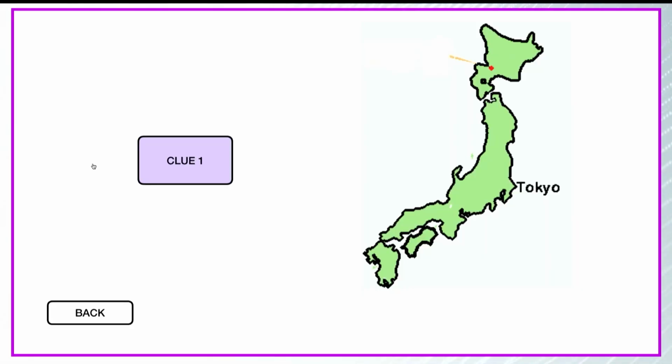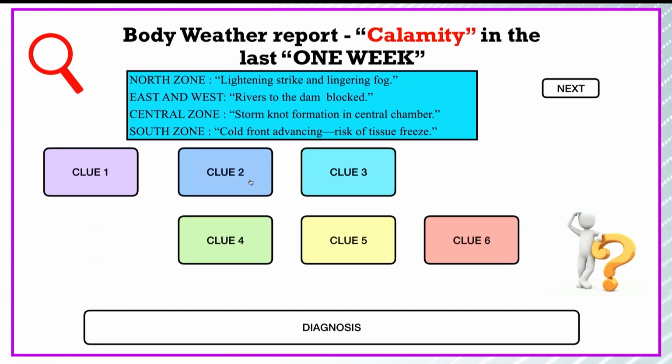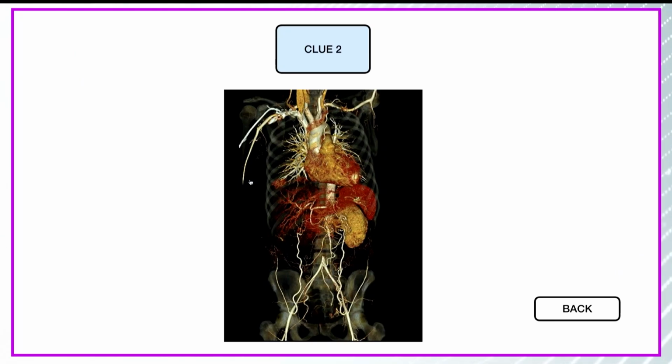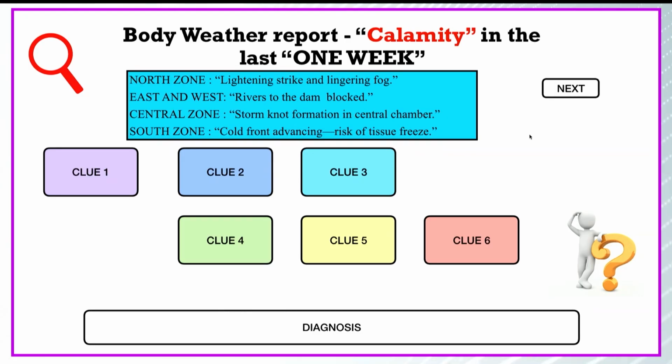Clue 1. Clue 2. Takayasu arthritis. Sorry, that is a wrong answer.